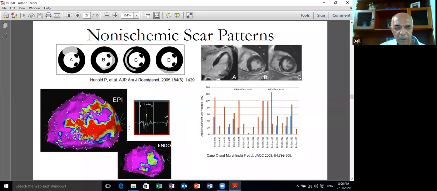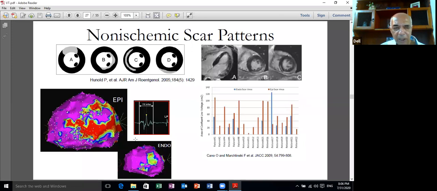If you look at this electroanatomical mapping, the red corresponds to the scar, the purple corresponds to normal tissue, and the other colors are the border of the scar. If you compare the epicardium with the endocardium downstairs here, you will find that the scar is much more prominent on the epicardium than on the endocardium. So in many patients with non-ischemic cardiomyopathy, you need to ablate on the epicardium.